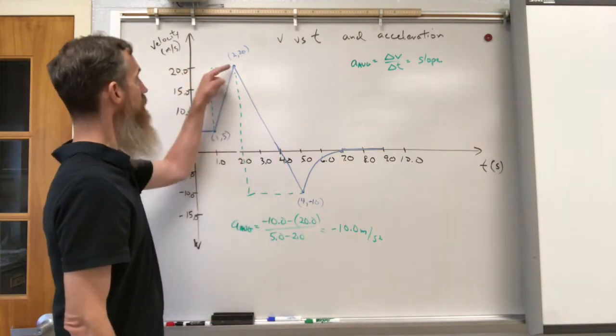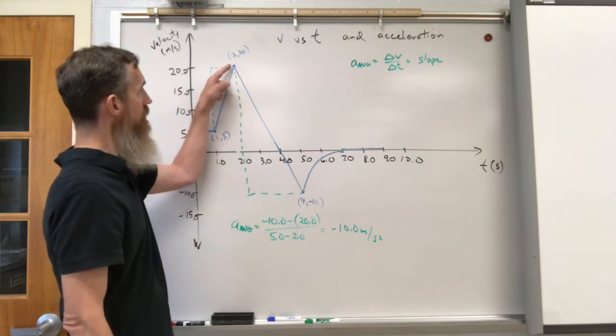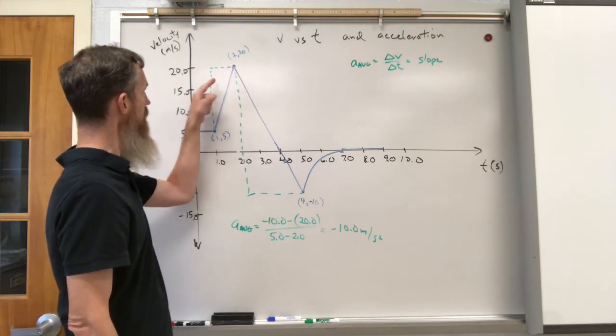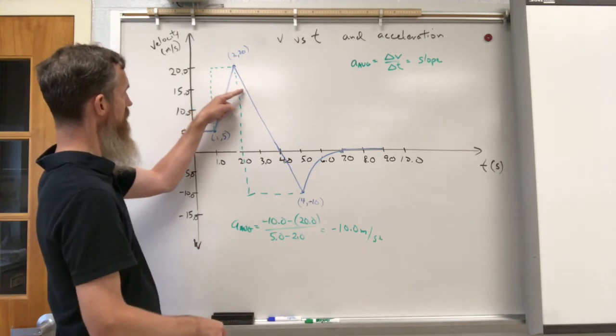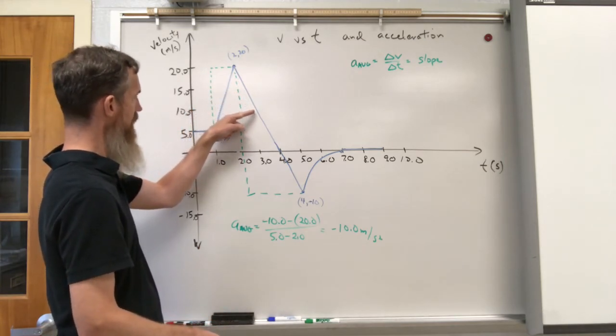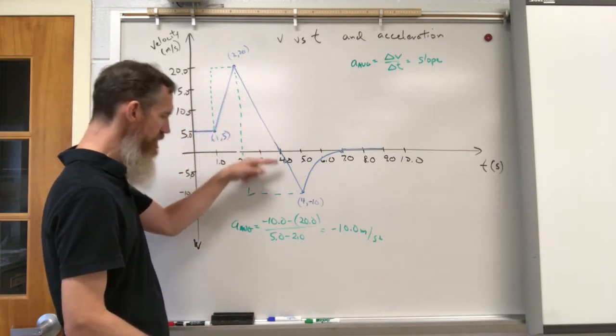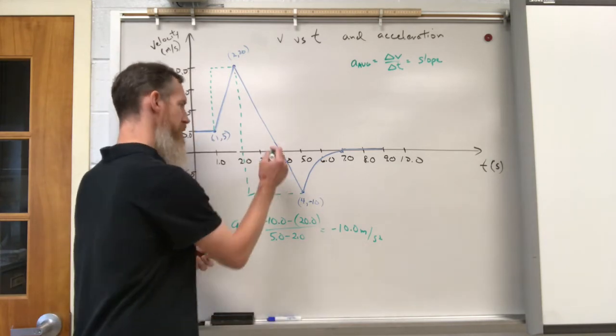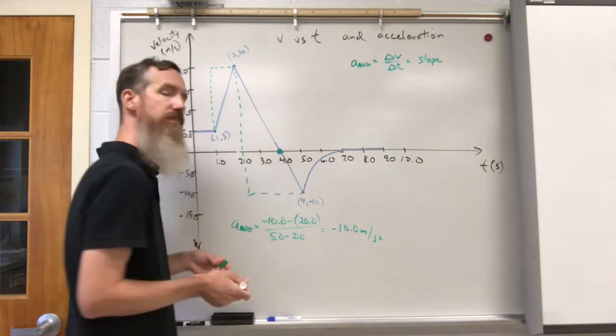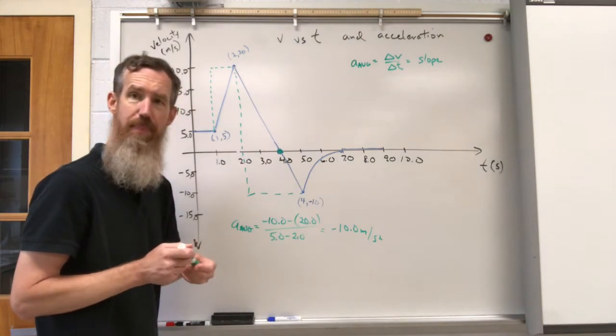We started at 20 meters a second, and we started slowing down. We know we're slowing down because we go from 20 meters a second to 15 meters a second to 10 meters a second to 5 meters a second, and then we reach this critical point. And what happens there?